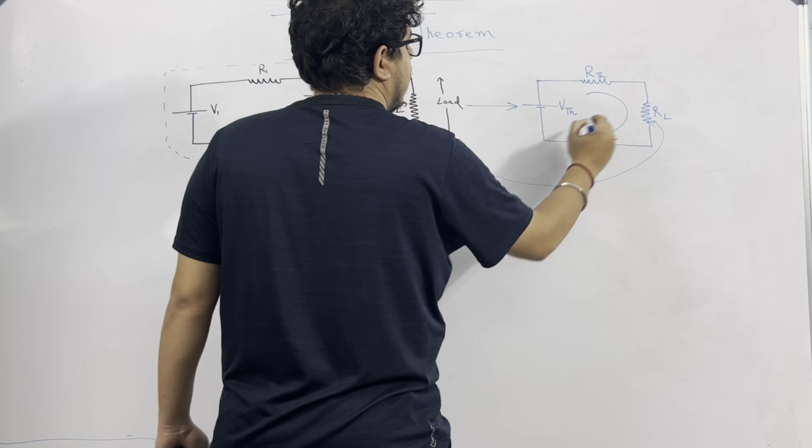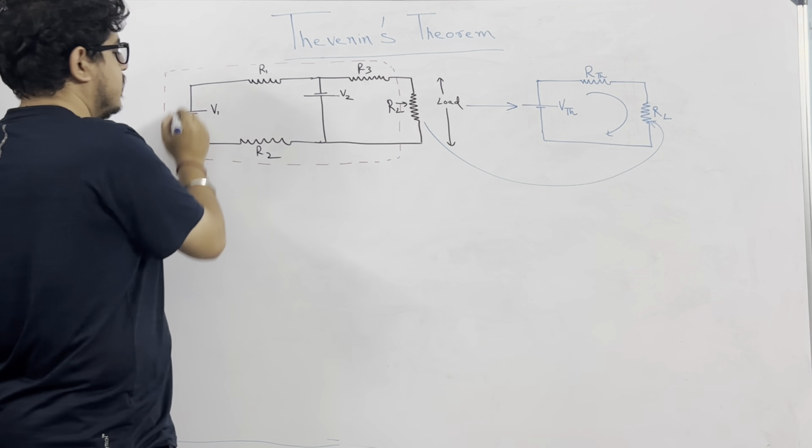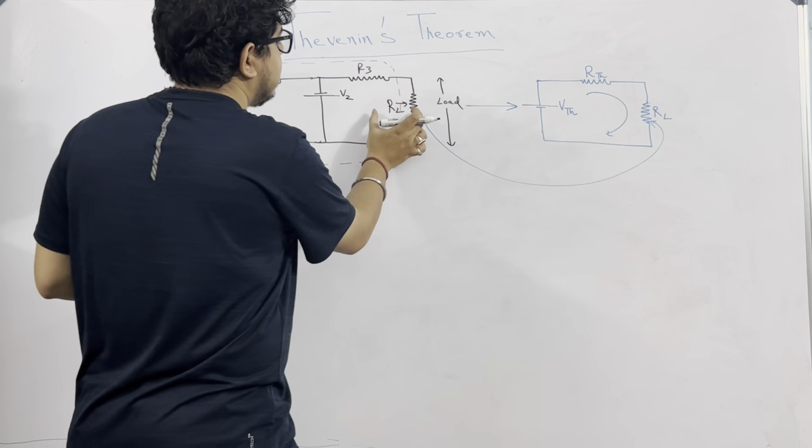Solving this simpler circuit will be equivalent to solving the complex circuit if we try to analyze this load resistance. Whenever we change a complex circuit into a simpler circuit consisting of VThevenin and RThevenin, all the characteristics of current and mesh analysis for this resistance will be the same.